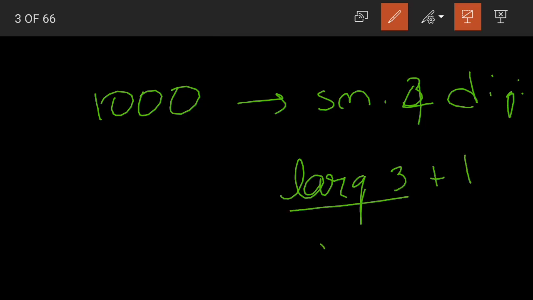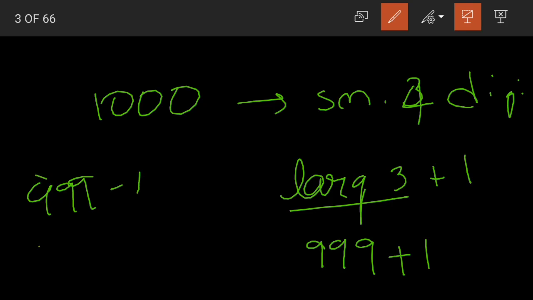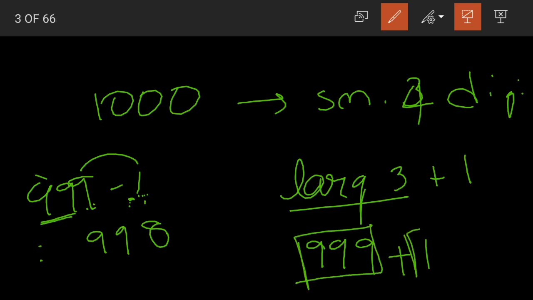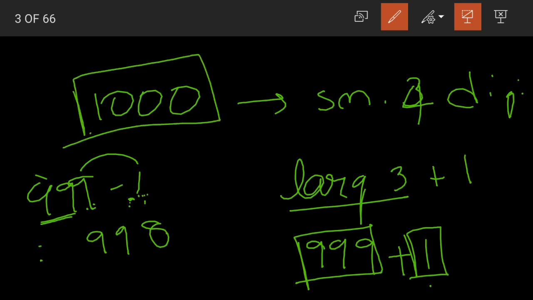Now what is our largest 3-digit number? 999 plus 1. Now what will their difference be? 999 minus 1 is equal to 9 minus 1, that is 8, and the remaining digits as they are, because we have nothing there to subtract. We have only ones, so we subtracted ones and wrote hundreds and tens as they are. When we take these two numbers 999 and 1, the result of their addition is 1000, and when we subtract, their difference is 998.